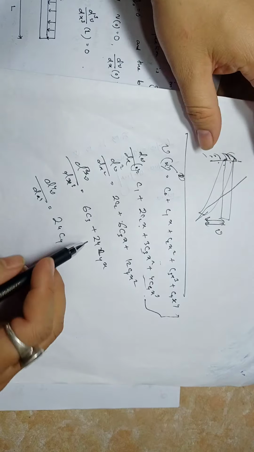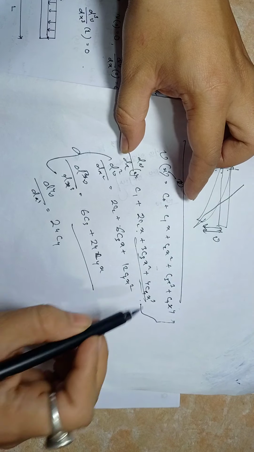We have got c0 and c1 as 0 by just putting x equal to 0 in these two.